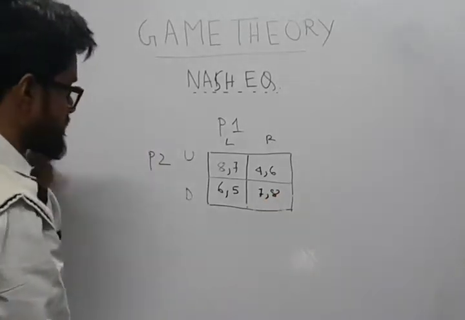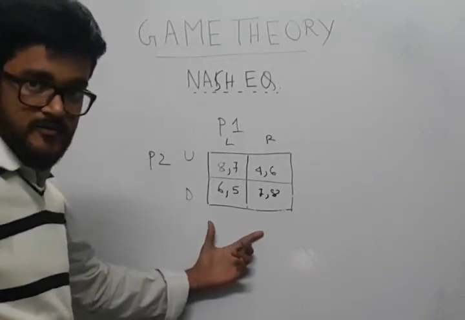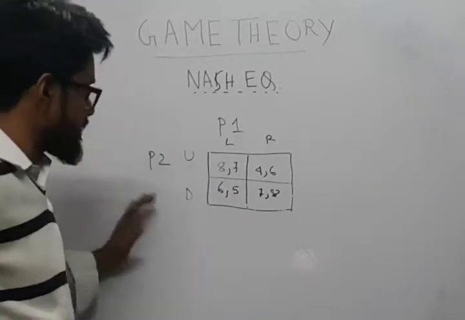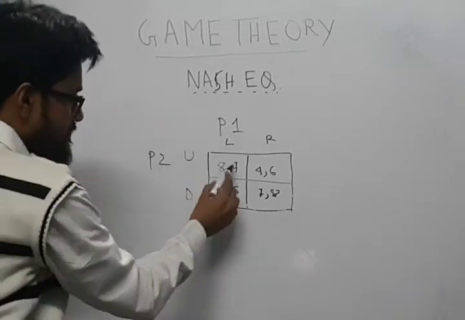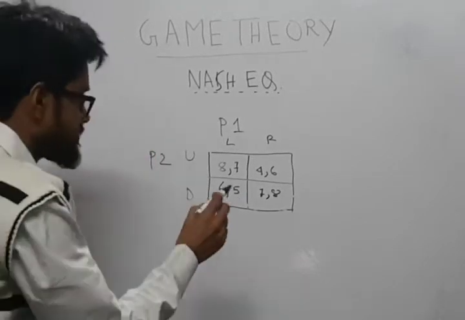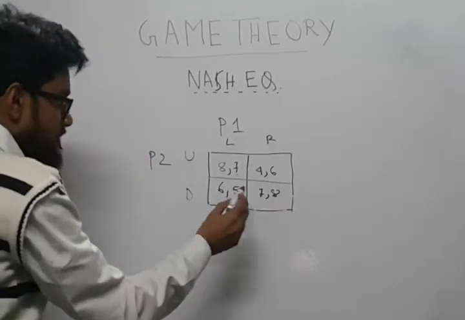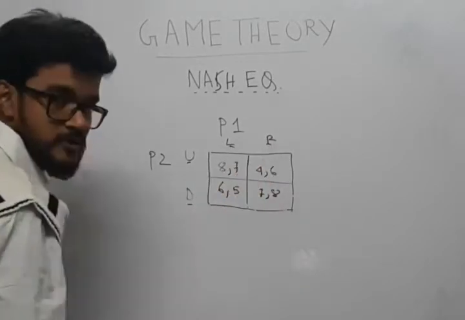So this is the matrix given, a game theory problem. Suppose in a question this is the game theory problem. First I'll explain what this is. These are nothing but the payoffs that the player gets, and these are the strategies that player 1 or player 2 can opt.